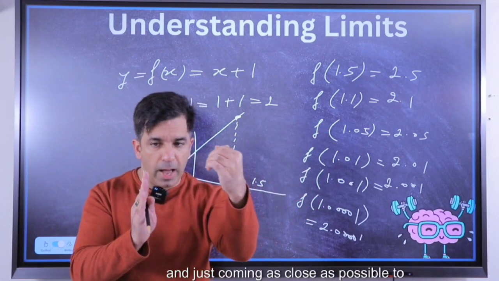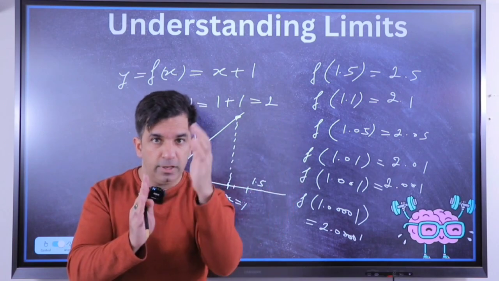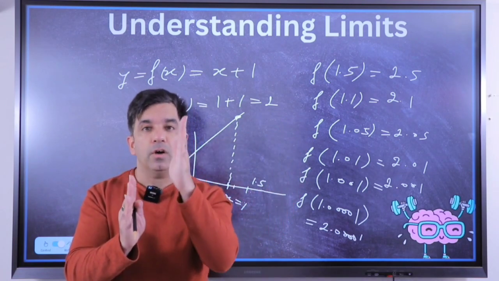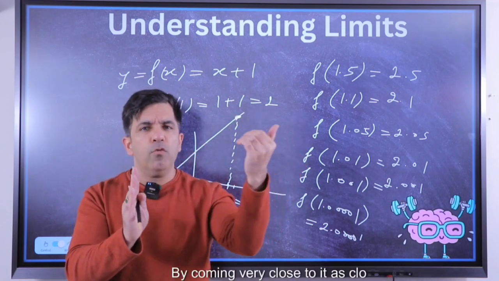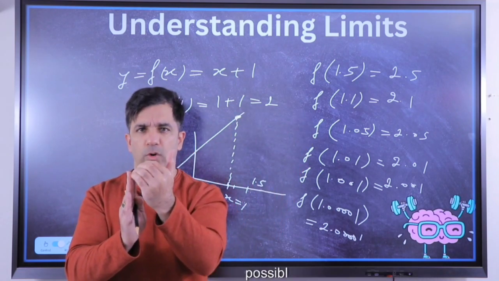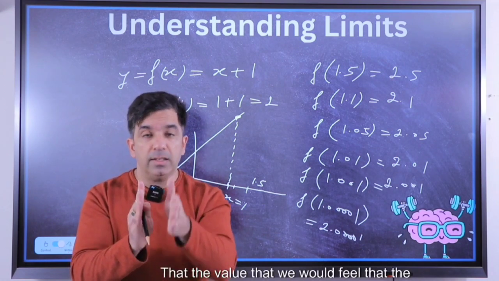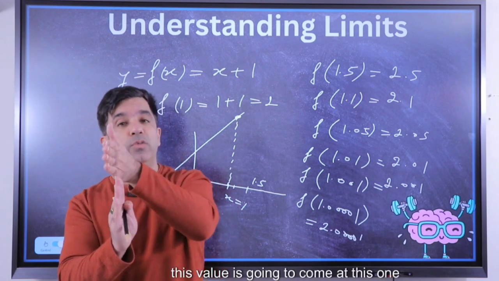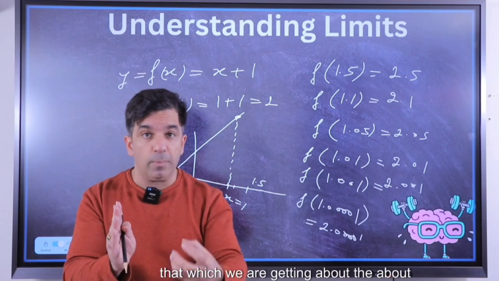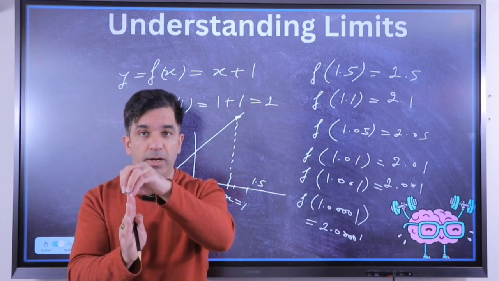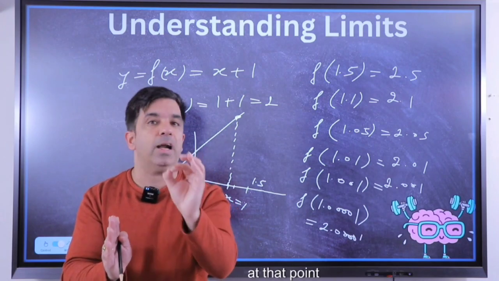So now I am not exactly going at that point. I'm just coming as close as possible to this number x is equal to 1 from the right side. So without exactly going to the number, by coming very close to it, the value that we would feel is going to come at this number, that feeling which we are getting about the value at that point, that feeling is the limit of that function at that point.